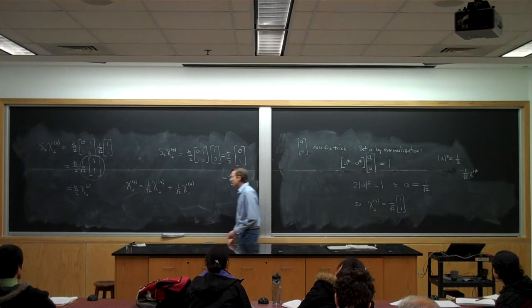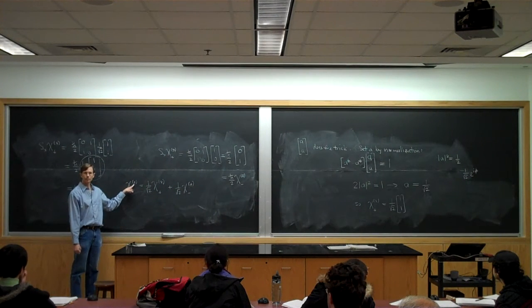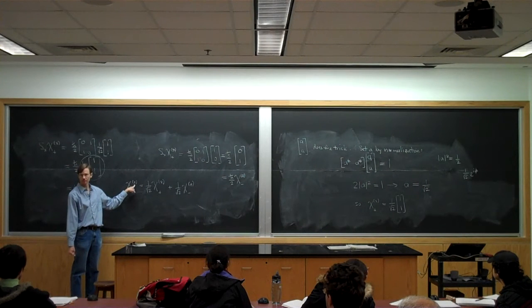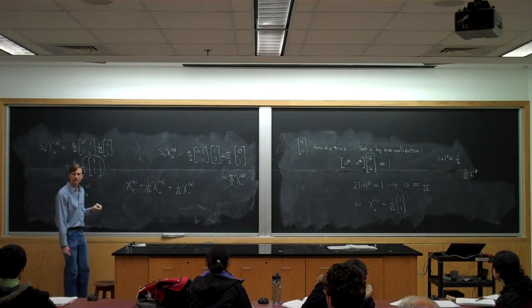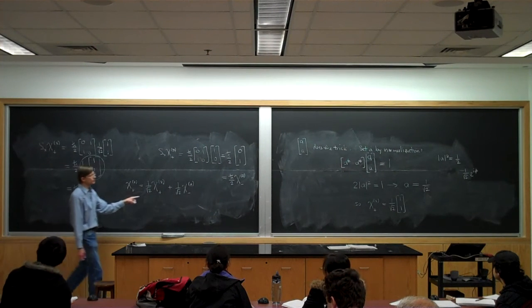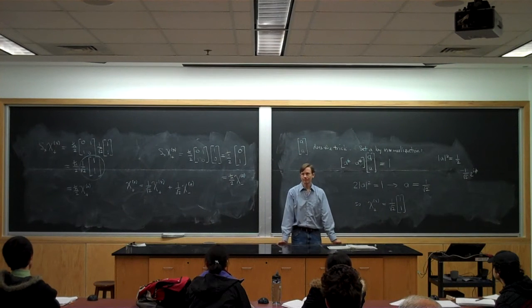So if I measure the x component of the spin, and I get plus h bar over 2, then I know right after that measurement, the spin wave function has collapsed to be chi plus x. Then I measure the z component of the spin. If I measure the z component of the spin, what possible results can I get?